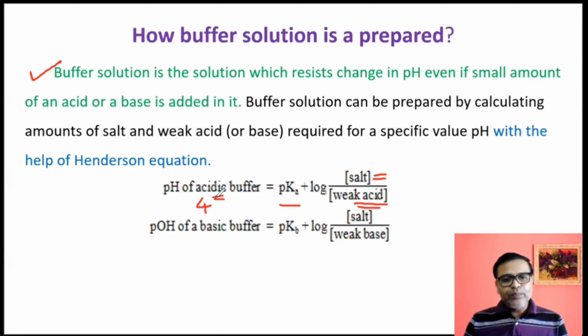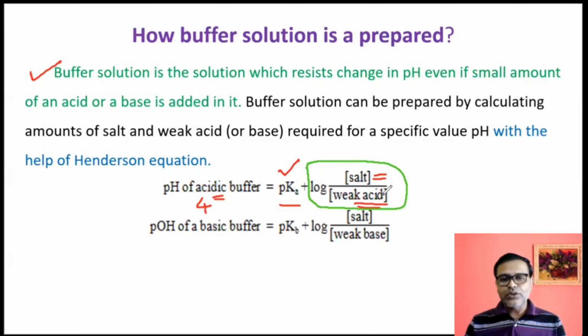Here we require a buffer solution of pH 4, and the pKa value is also known. It means by using the Henderson equation, we can find out this particular value.